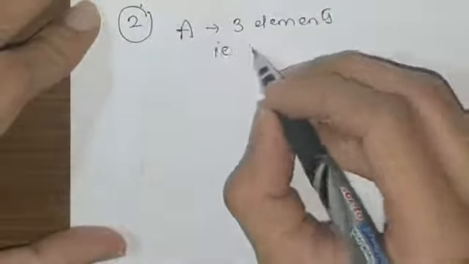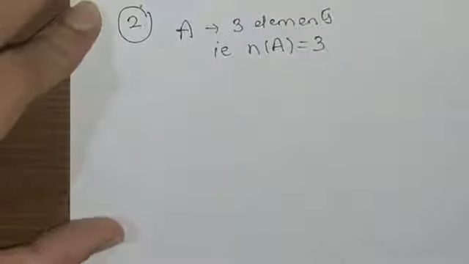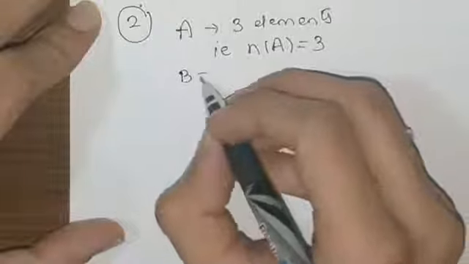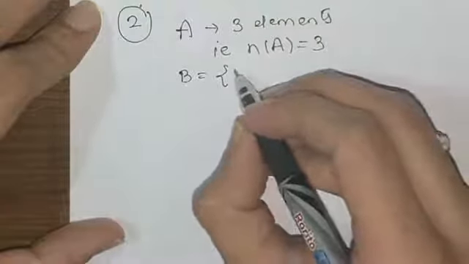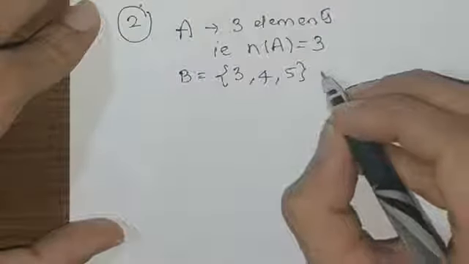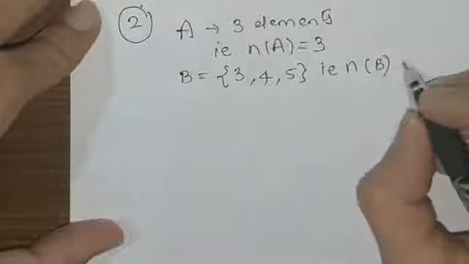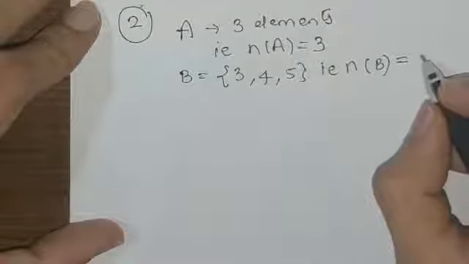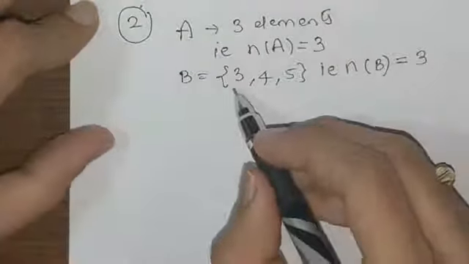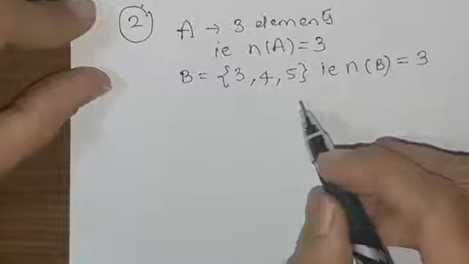That is n(A) is equal to 3. Set B is given to be {3, 4, 5}, that is n(B) is equal to 3 because B has 3 elements.